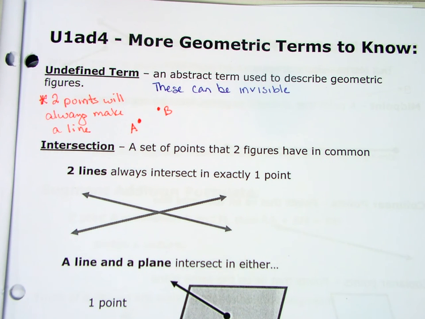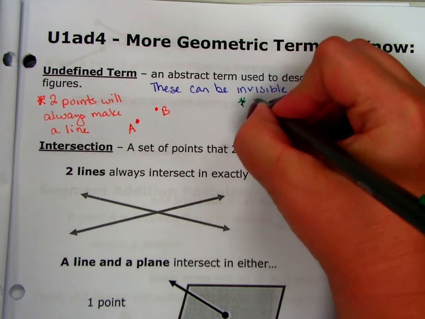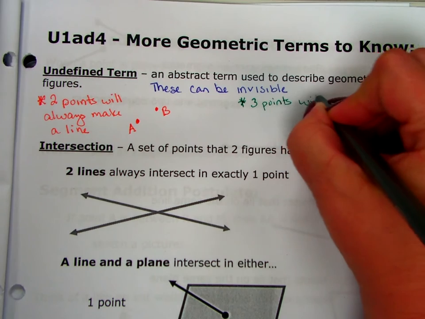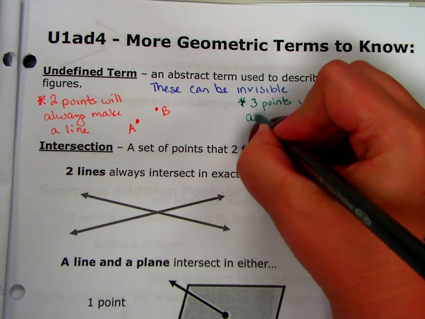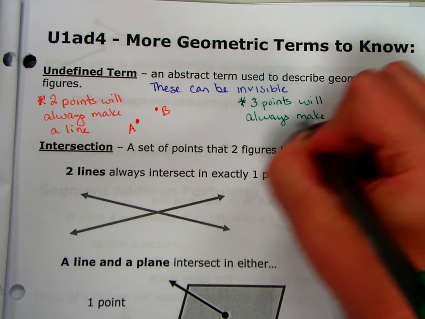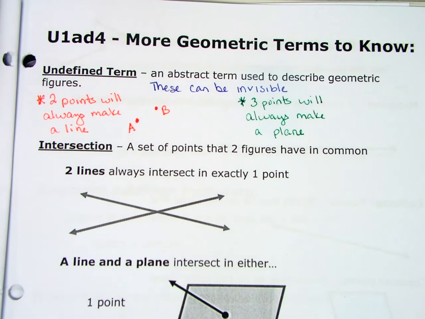Okay? The next thing that we need to know is that if we have 3 points, 3 points will always make a plane. 3 points will always make a plane.